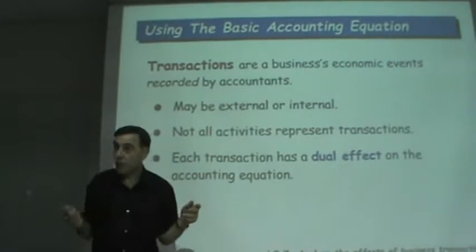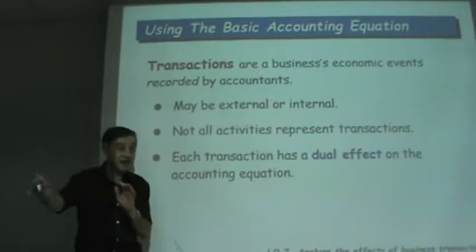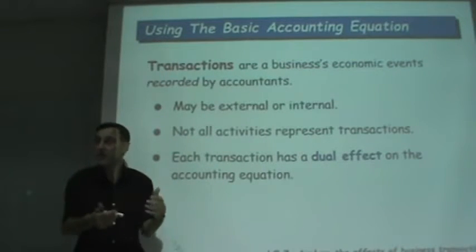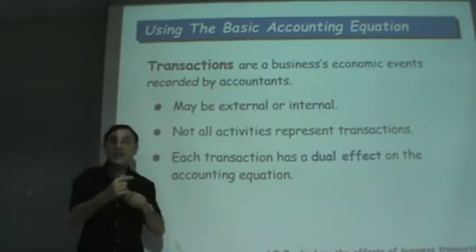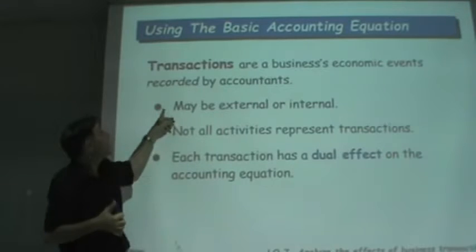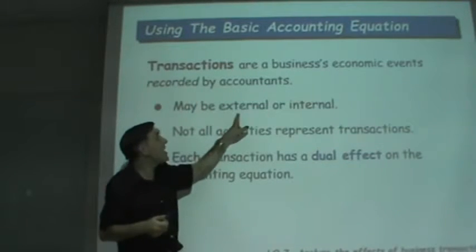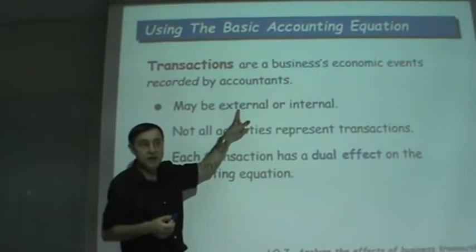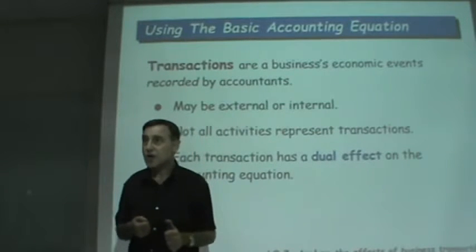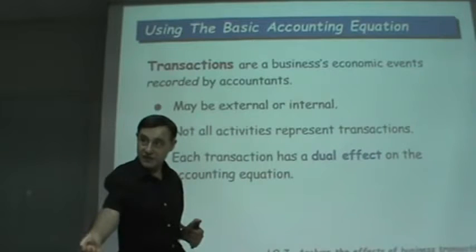We will be covering in the next hour a number of different examples of transactions and how we record these transactions. Okay? So, the transaction may be external. An external transaction is a customer comes, orders a lunch for 50 baht.